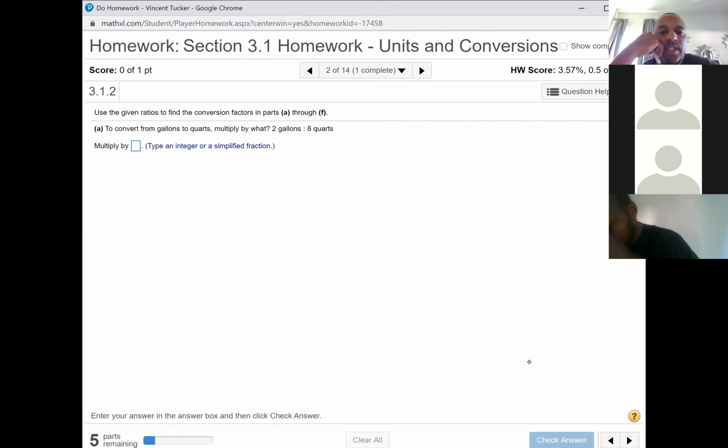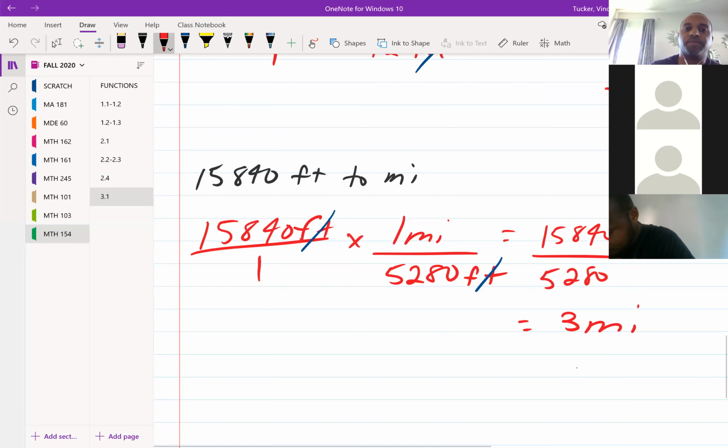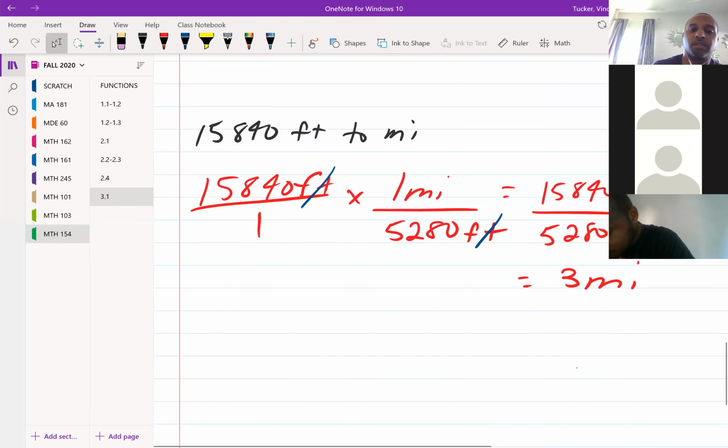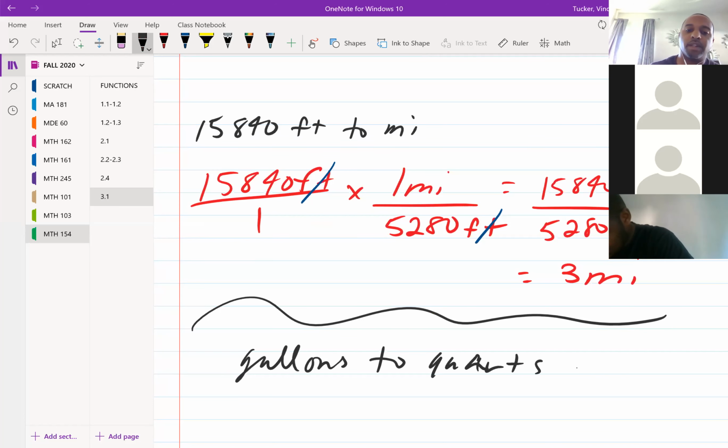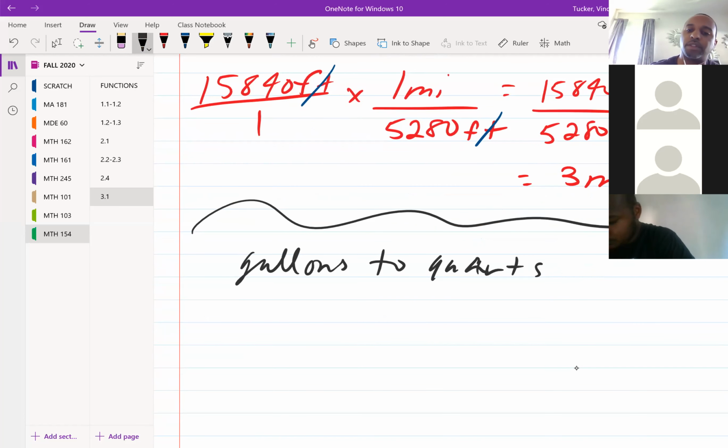All right, here it says use the given ratios to find the conversion factors. It says from gallons to quarts, multiply by what? You want to go from gallons to quarts, and they give us the conversion factor. I think it was 2 gallons equal 8 quarts. Let me make sure I saw it right.